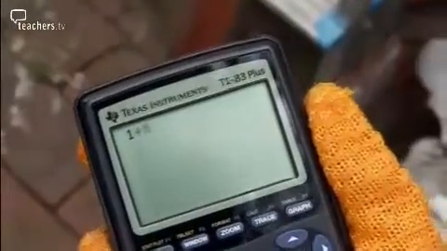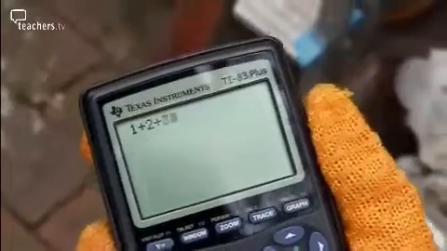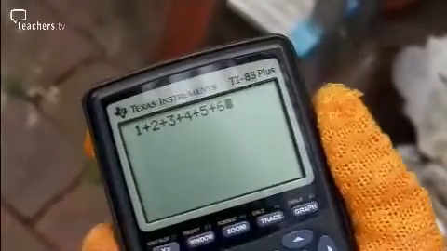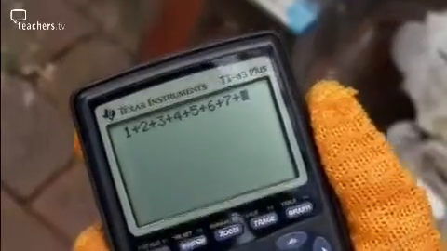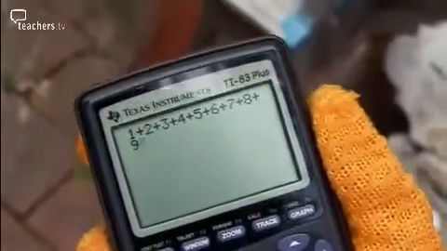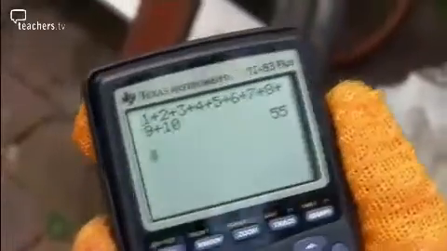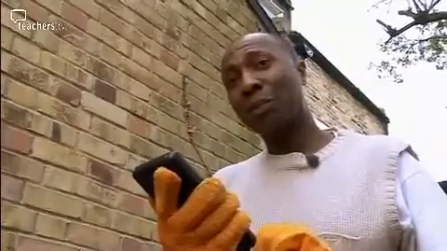That's 1 plus 2 plus 3 plus 4 plus 5 plus 6 plus 7 plus 8 plus 9 plus 10, and that equals a total of 55. Now that didn't take too long, but what about the number of bricks in 100 rows?